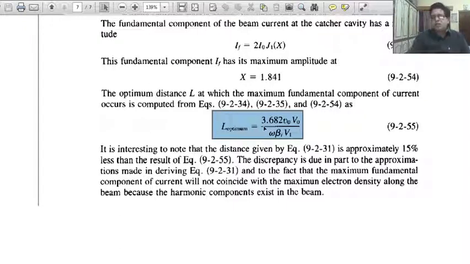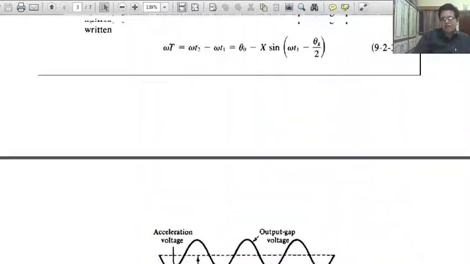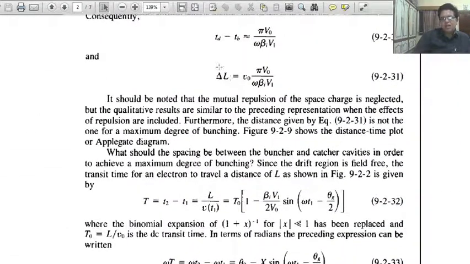This discrepancy is due, in part, to the approximations made in deriving the equation which we derived yesterday. If you want to see this expression, it is given here: we derived yesterday pi v0 V0 upon omega beta I V1.